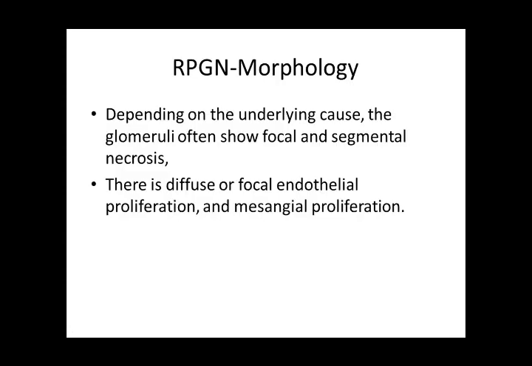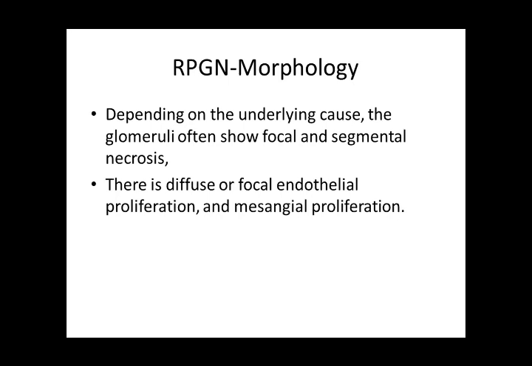Glomeruli often show focal segmental necrosis, as we discussed before, and there is proliferation of the parietal epithelial layer of Bowman's capsule. There is diffuse or focal endothelial proliferation and mesangial proliferation.